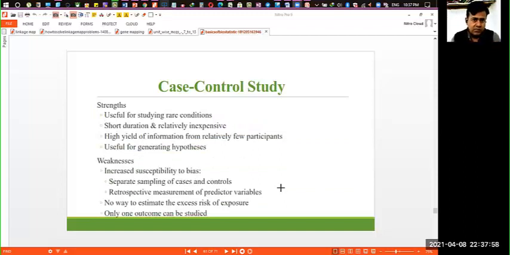What is the strength of case control study? It is useful for studying rare conditions, short duration. You can complete it in a very short time. There is no cost involved, and this is useful for generating hypotheses. Suppose in the coming era there is a high need for vaccination, and many biotech students want to work in the field of vaccines.